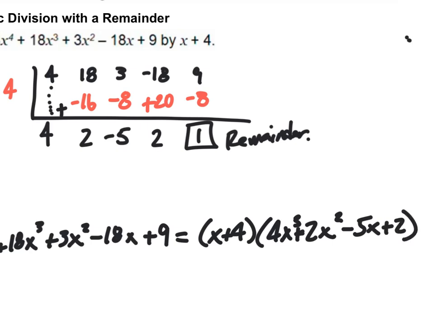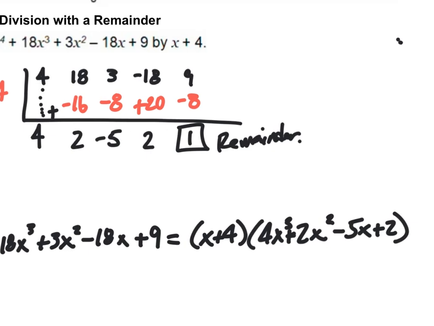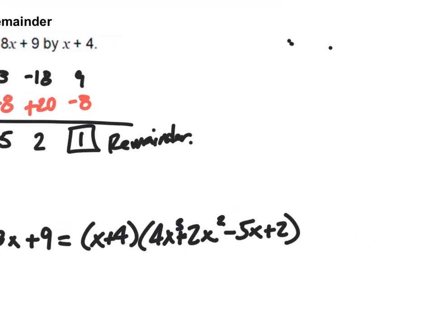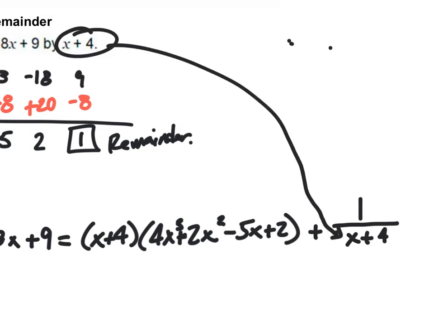But then the question is what do we do with the remainder? The remainder is this 1, and here's what we have to do. We take our remainder and add it, divided by our divisor, which was x plus 4, which is this value here, and it becomes this down here.